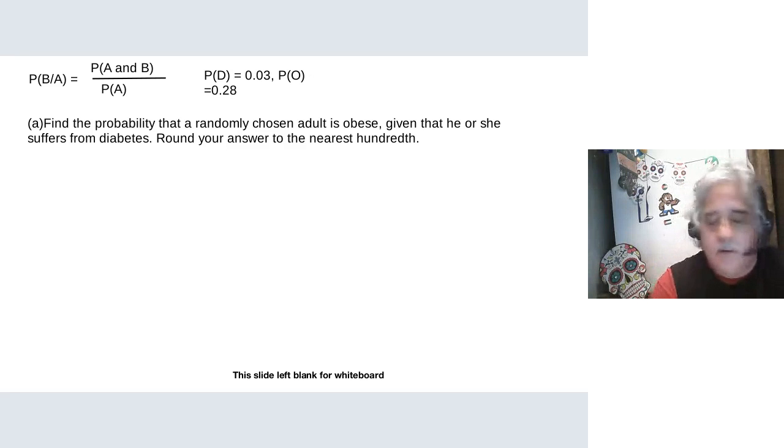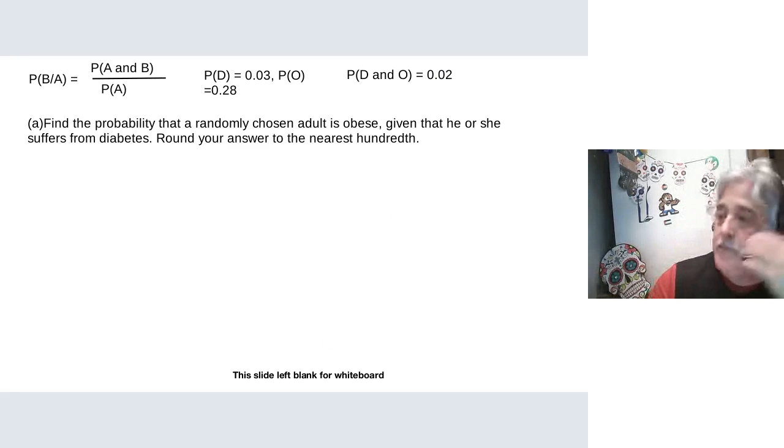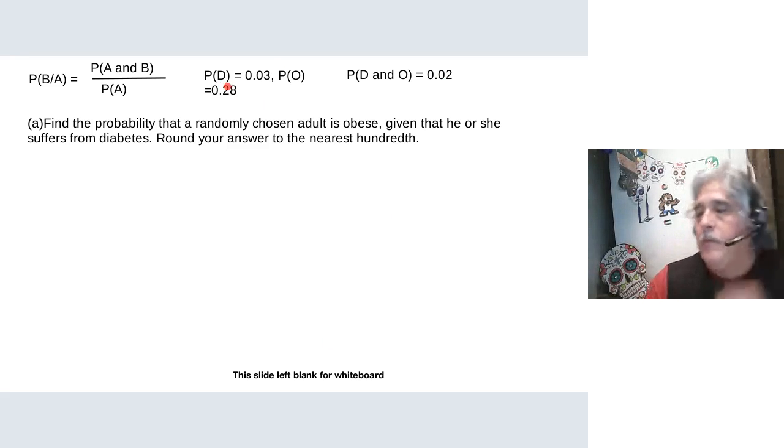And then the probability of both, I'll write that over here. It's 2%. All right. So the probability of diabetes is 3%. Probability of obese is 28%. And then the probability of both is 0.02.